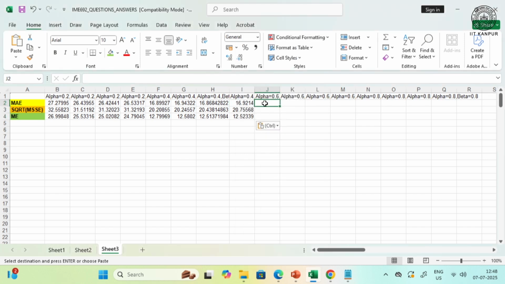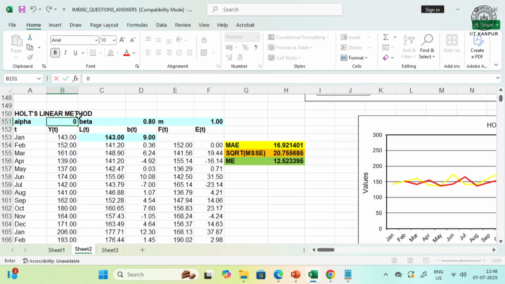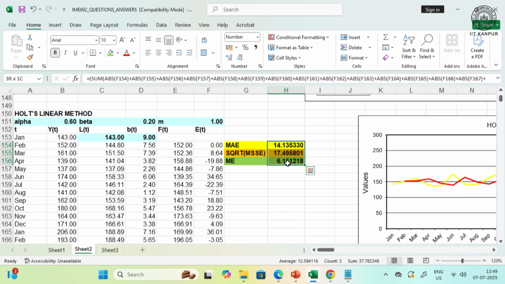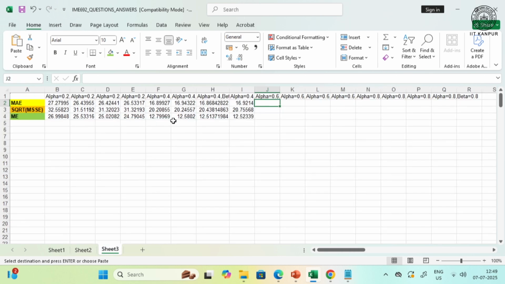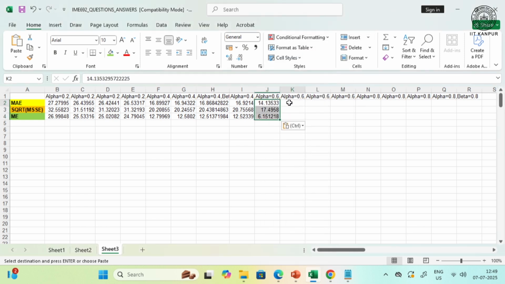Now I go alpha one level higher, 0.6. So for 0.6, beta 0.2, I have the values. I am not reading the values, I am just copying them. Copying the values only.